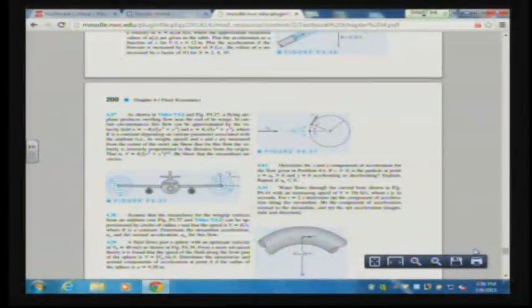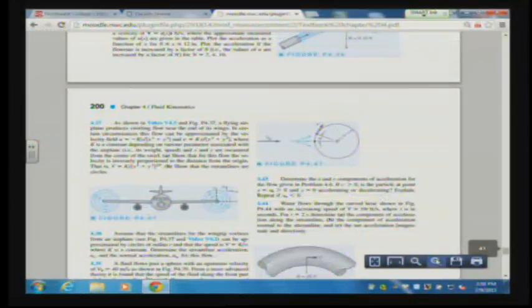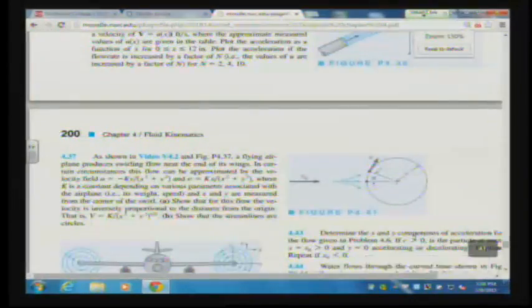Okay, so problem 4.44 is actually on page 200 in your textbook. Let me zoom in a little bit so you can see it.